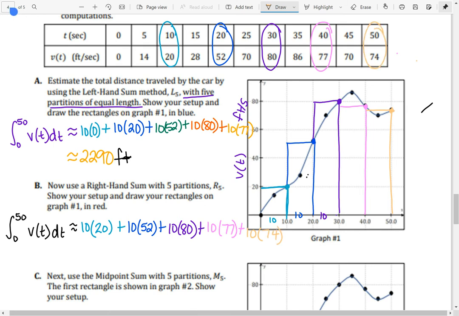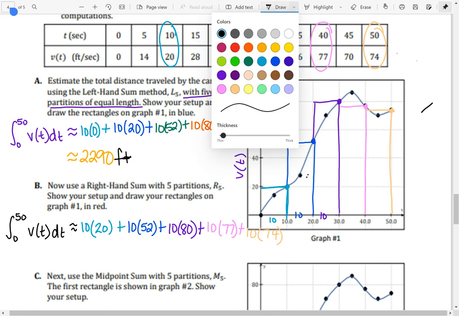So let me grab my calculator and I will multiply and add. I'm going to multiply 10 times 20 plus 10 times 52 plus 10 times 80 plus 10 times 77 plus 10 times 74.